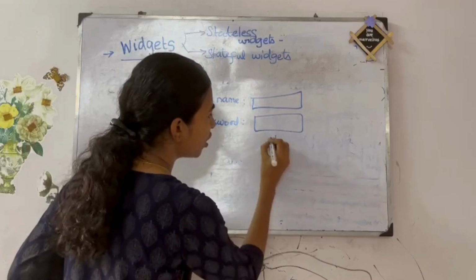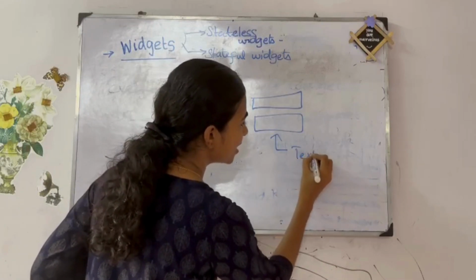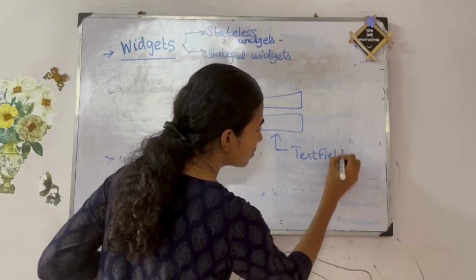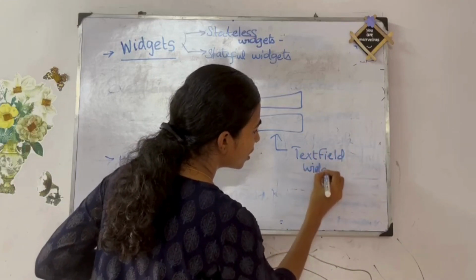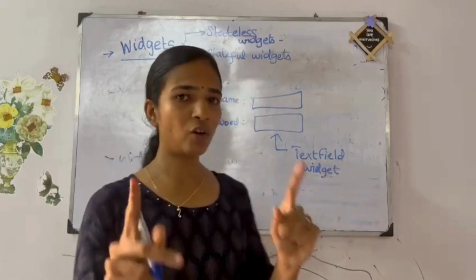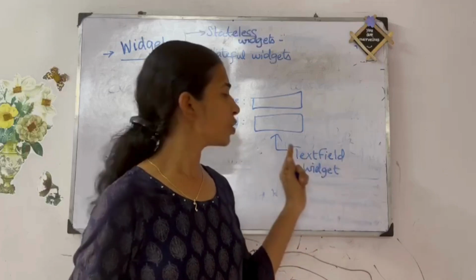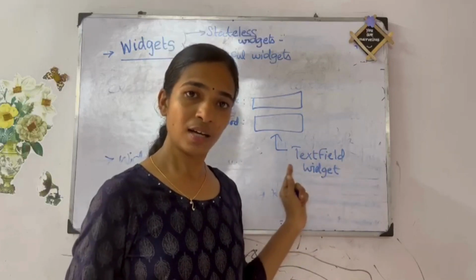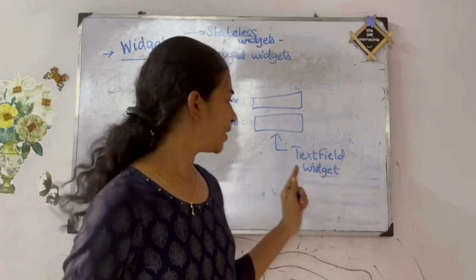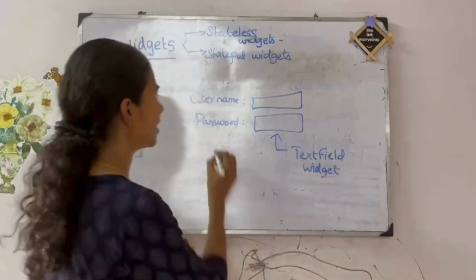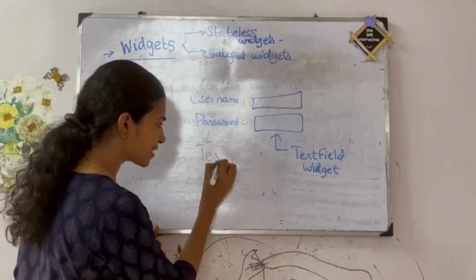This is actually called a TextField widget. In the class name, if you have two words together, like text field, each first letter in each word should be a capital letter. So it is TextField widget. And there is also the Text widget.